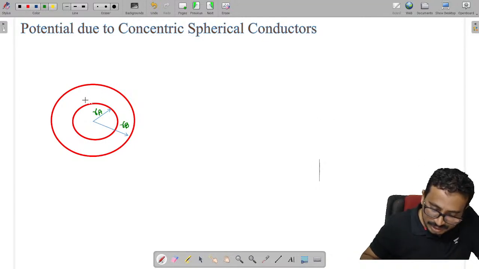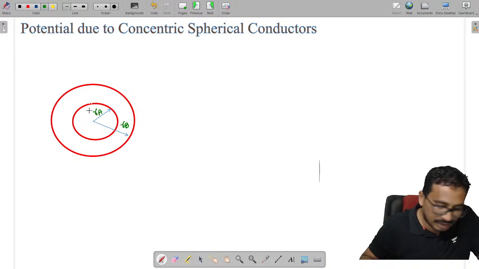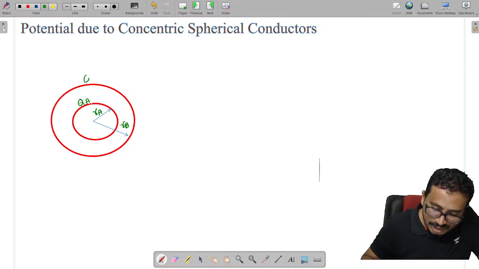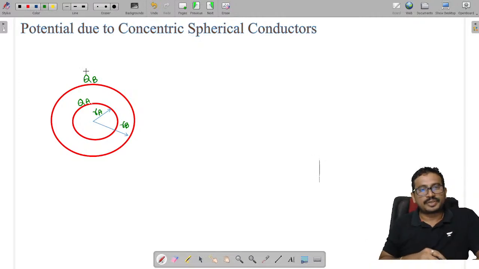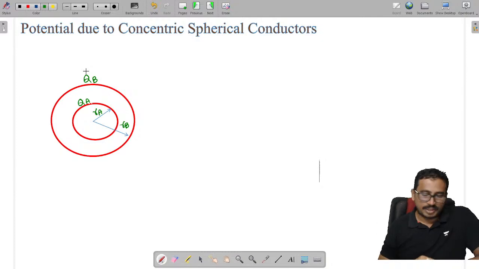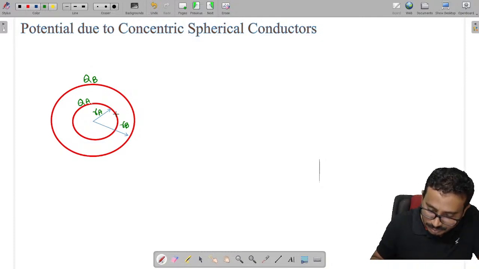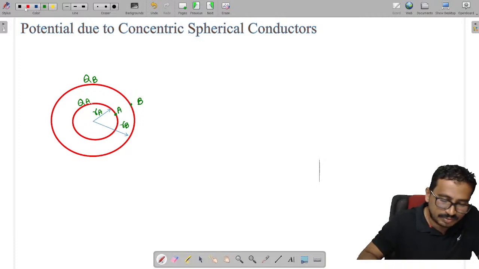The radius of the inner sphere is RA, and the inner sphere has a charge of QA. Outer sphere charge is QB. Now this point on the inner sphere I am calling A, and this point I am calling B.